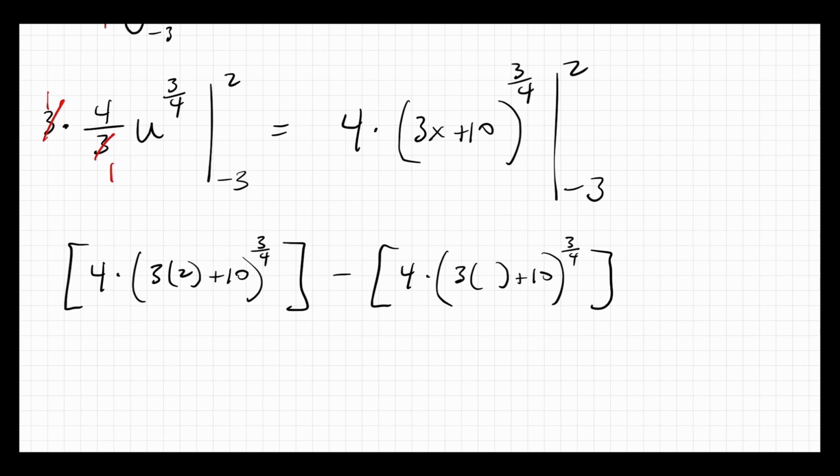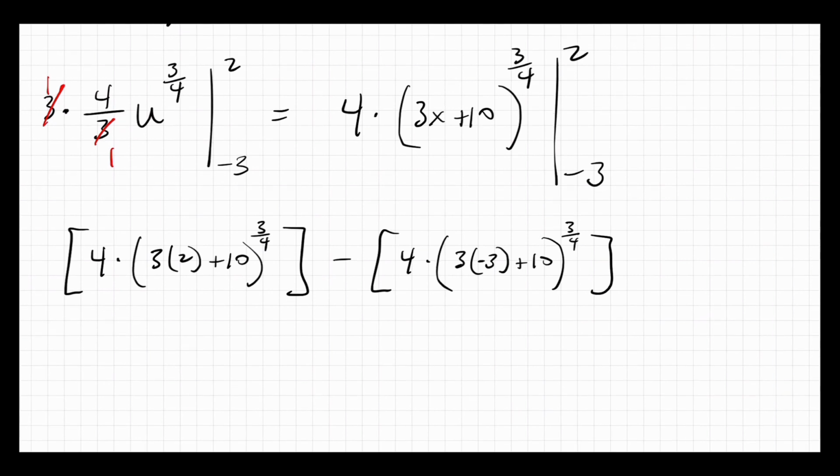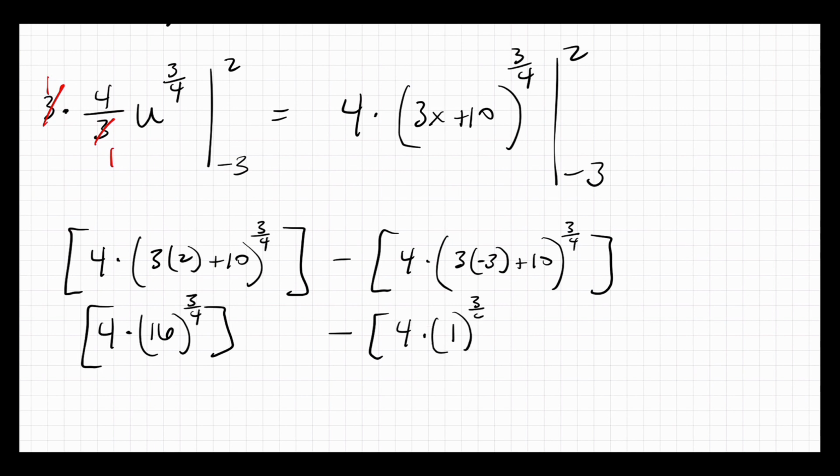So I'm going to plug in a 2 and I'm plugging in a -3. So I get 4 times 16 to the 3/4 power, minus 4 times 1 to the 3/4 power.